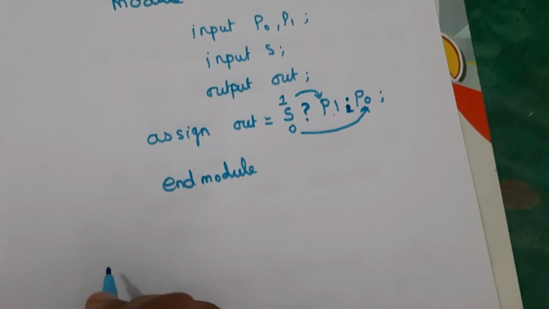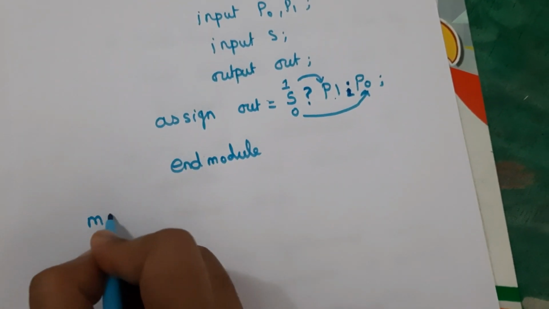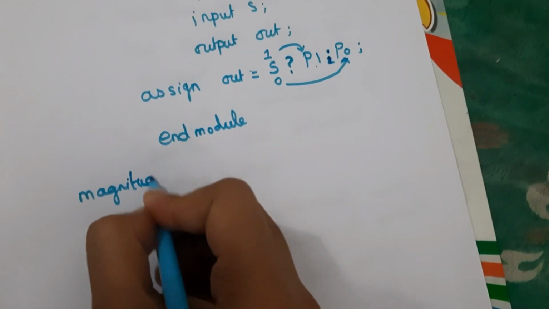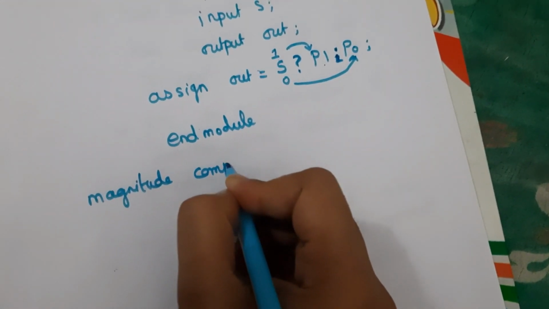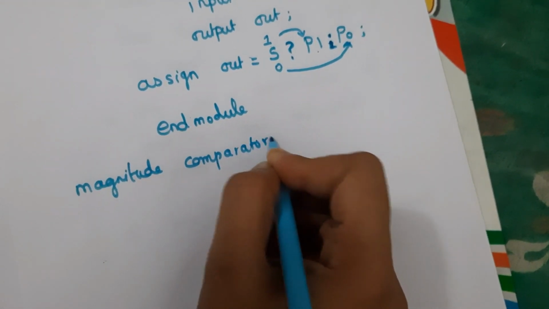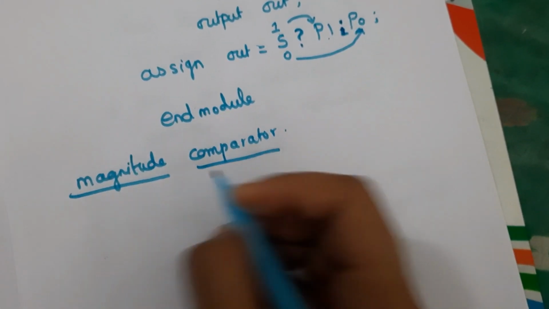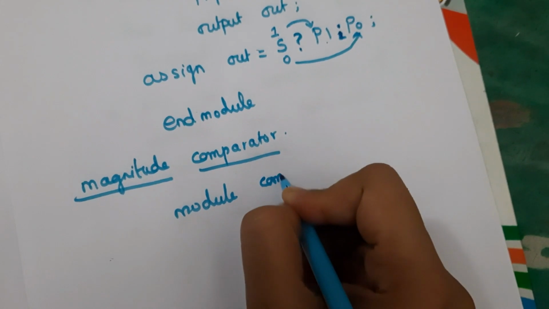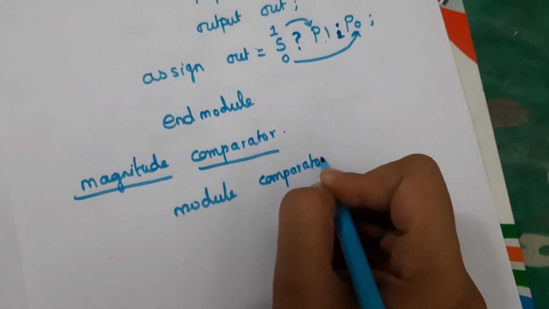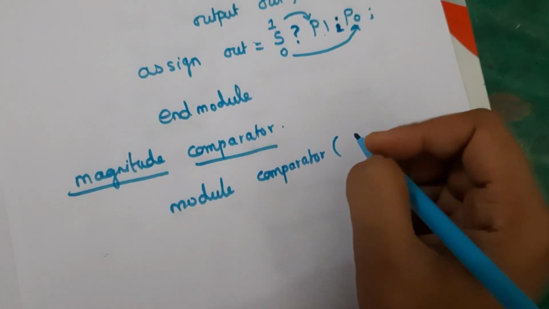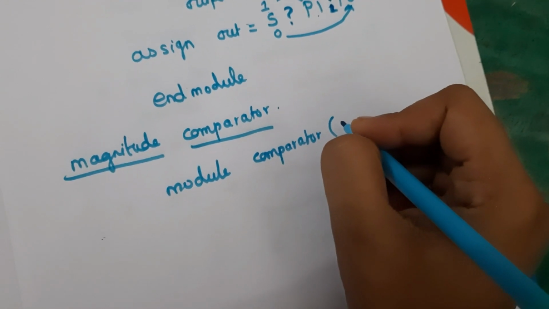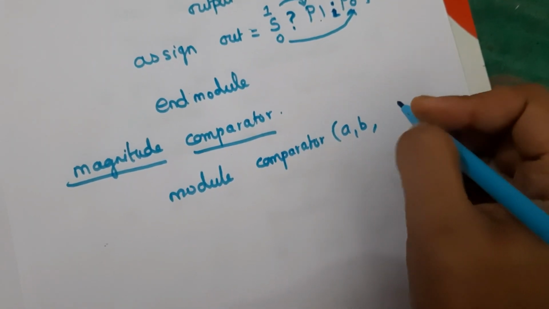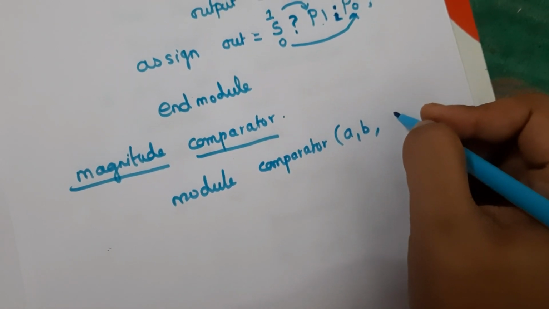We can write another example, that is a magnitude comparator, using assign statements. First give module and the module name. We have to check two inputs, A comma B, and we need three outputs for equal, greater than and lesser than.